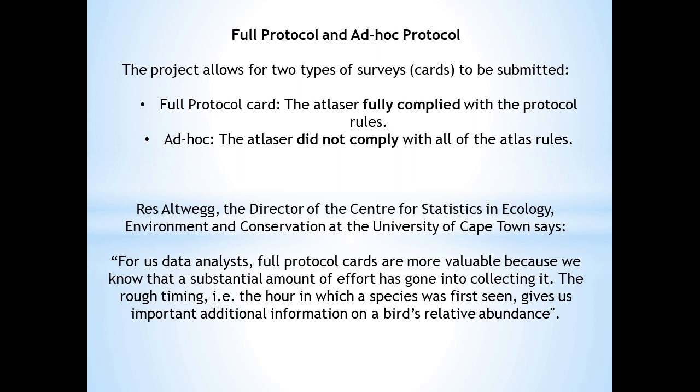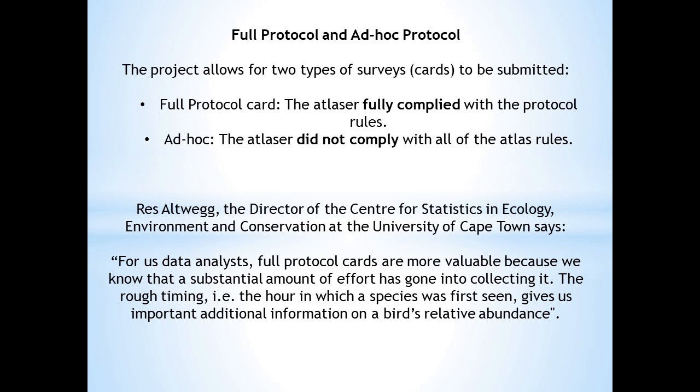The amount of time spent by an atlaser on a species list gives an indication of the effort devoted to the particular list. Variation in effort can then be accounted for in analysis of, for example, the distribution of a bird species. Knowing how much effort went into a list also helps researchers to judge how complete our knowledge is for a particular pentad.